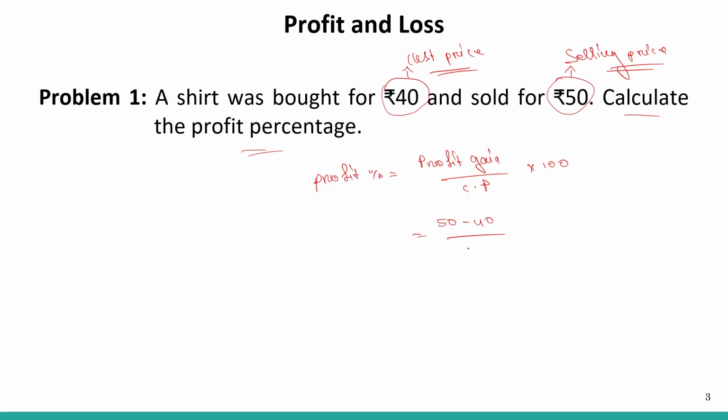CP is 40, because at that price the shopkeeper bought it. Into 100. Cancelling a 0, we are left with 10 by 4 into 10, that is 100 by 4, which is equal to 25%. So the profit percentage the shopkeeper got was 25%.